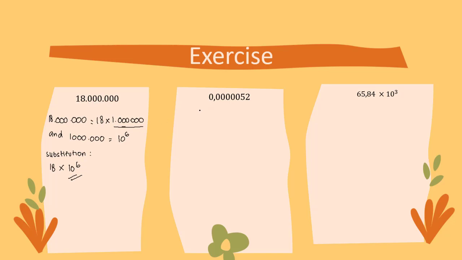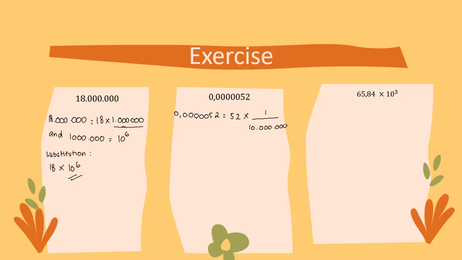So for question number 2, 0.0000052. How to write it in scientific notation? Well, to find this number, we have to do a multiplication 52 times 1 over 10 million.